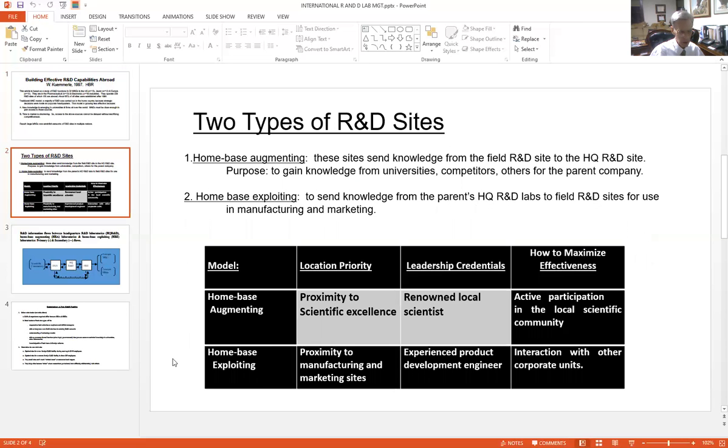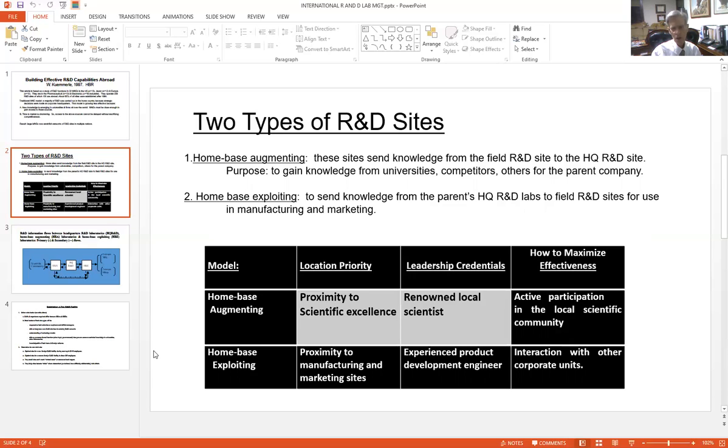So here are the two types of research and development laboratories that typically are formed. One is called home base augmenting and the other home base exploiting. The home base augmenting laboratory is a strategic device.